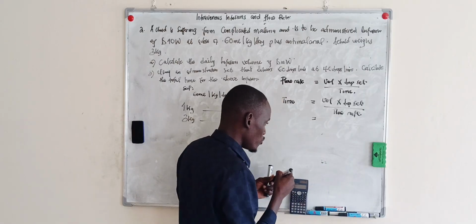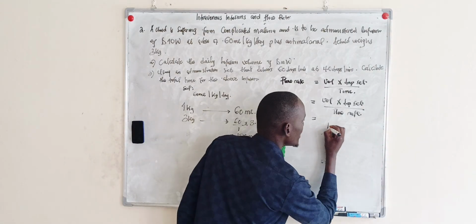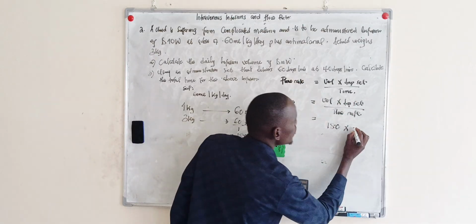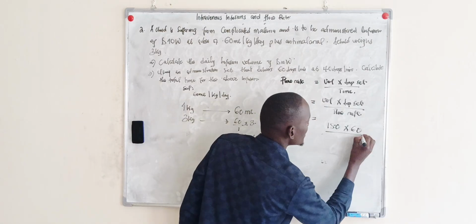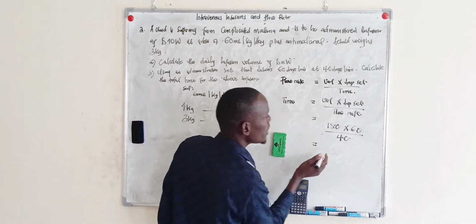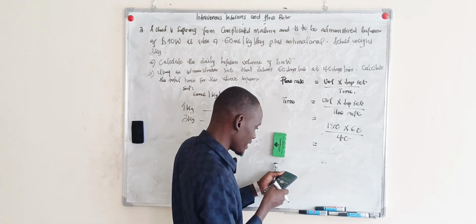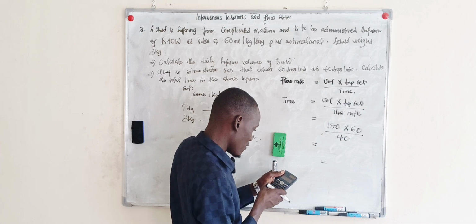But do we know volume? Yes, it is 180. Being multiplied by drip set, they have already told us it is 60 drops per ml, divided by flow rate, which is 40. And when you compute this, you realize we shall have 180 times 60 divided by 40.